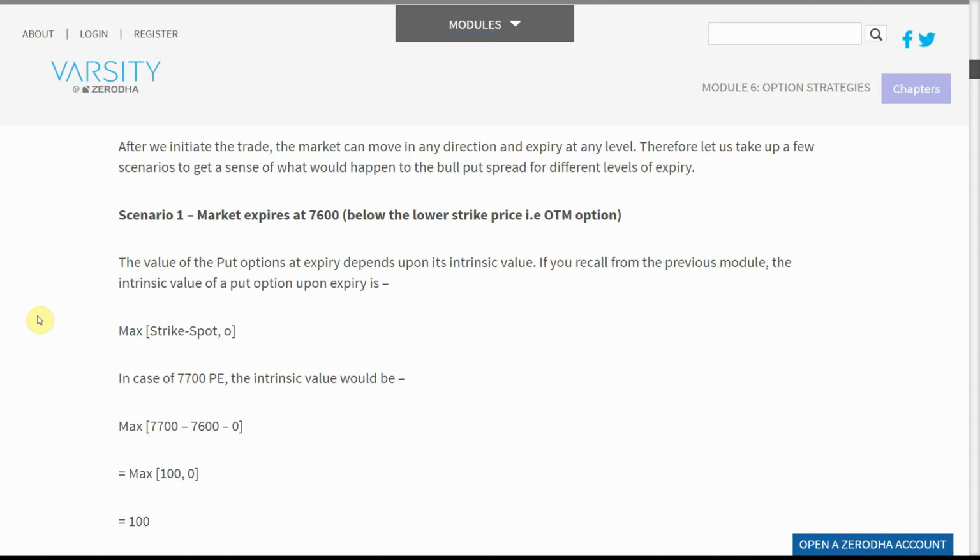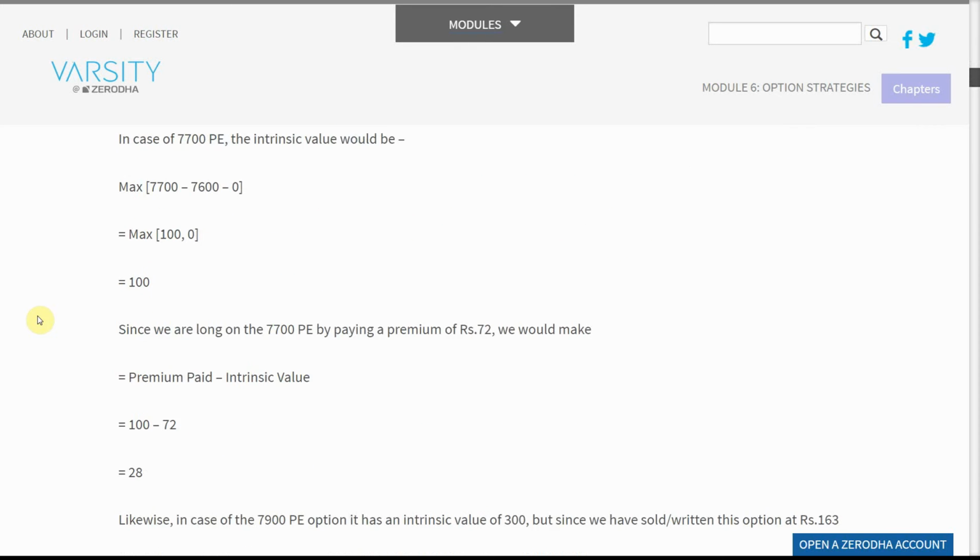If you recall from the previous module, the intrinsic value of a put option upon expiry is max of strike minus spot, 0. In case of 7,700 PE, the intrinsic value would be max of 7700 minus 7600, 0, which equals max of 100, 0, equals 100.